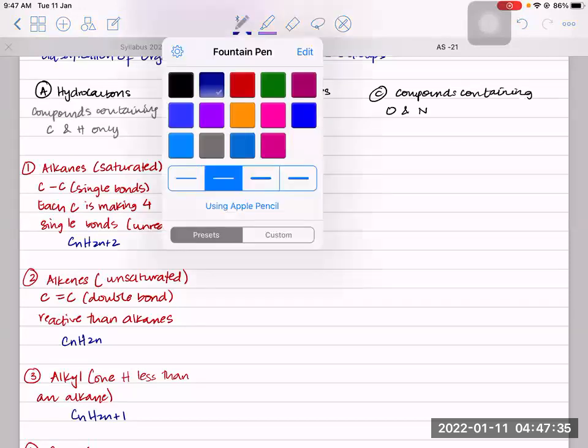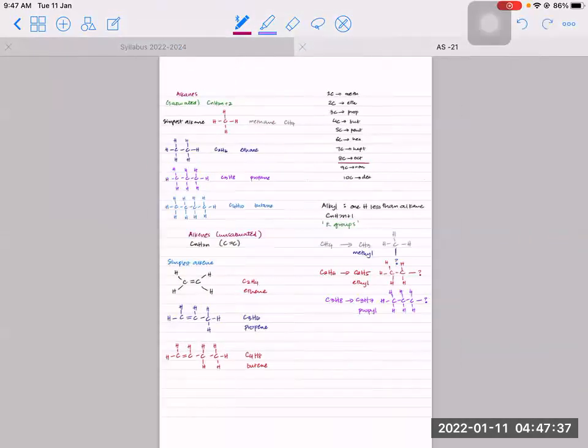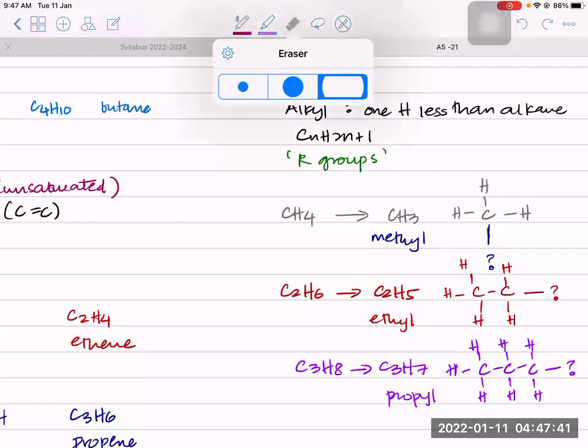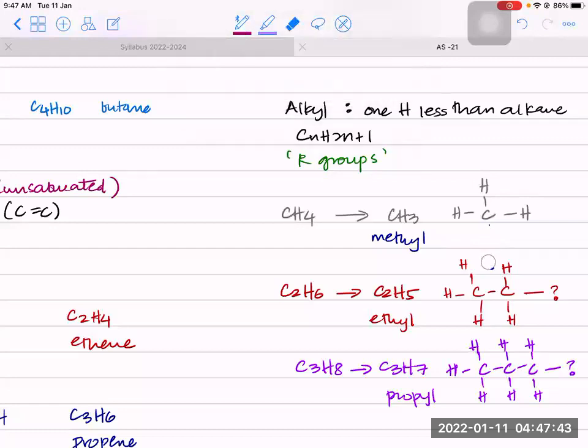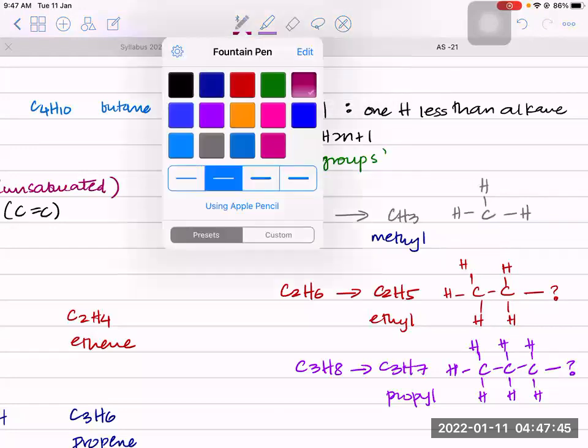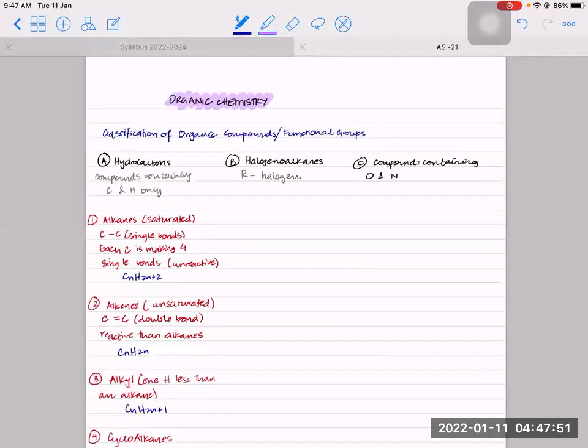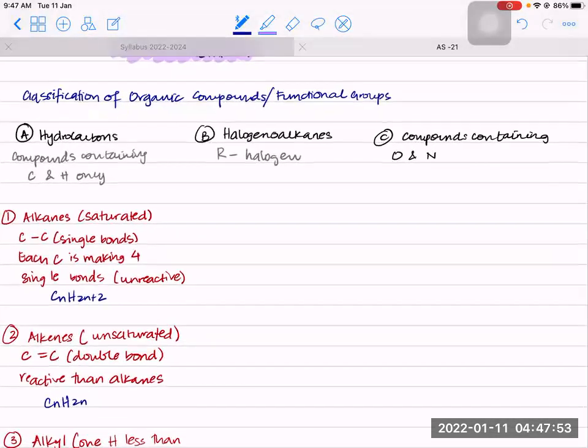If you remember, one vacant bond right here. The alkyl has one vacant bond. And since it has one vacant bond, to that anything can attach. And that anything, if it is a halogen, we make halogenoalkanes. So it's basically the R group attached to a halogen.